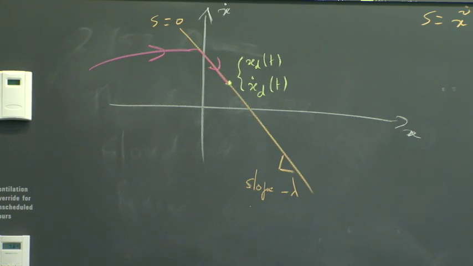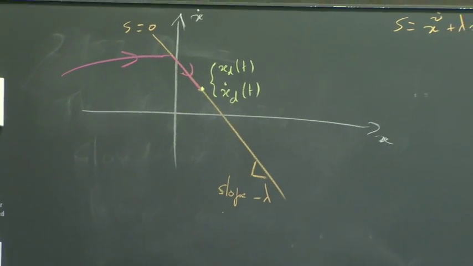And similarly here, if you reach this, and then you know somehow that once you're there, you stay there, you've made this S equals 0 invariant, then you're going to slide to xd.